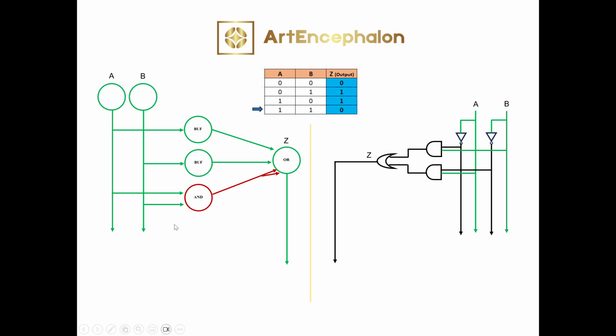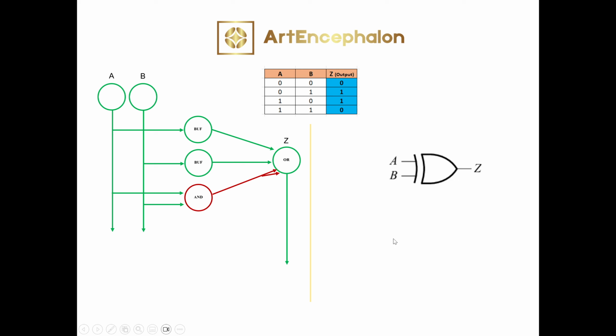So you can see that the circuit we have on our left-hand side is equivalent to the circuit we have on our right-hand side. It's just that the one on the right-hand side is designed using logic gates, which we use to design computers, and the one on the left-hand side is designed from neurons, which are the building blocks of the brain.